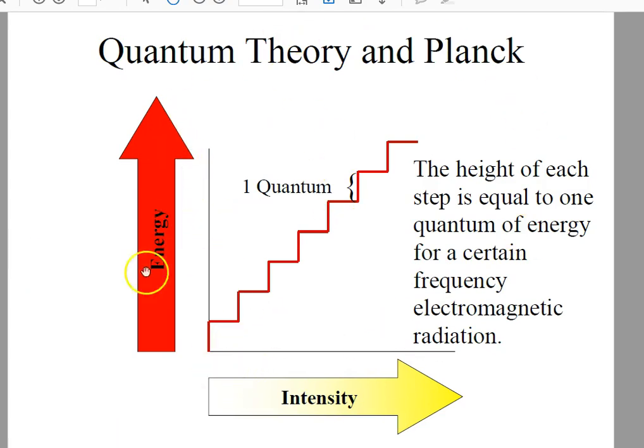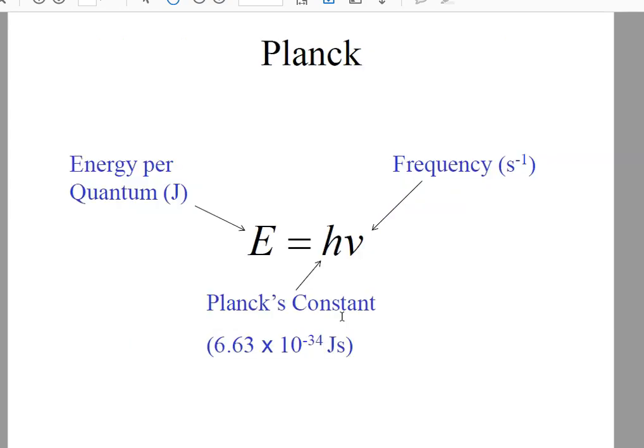So this zooms in to what we really see when we look at energy, that it was released in these quanta, and the height of each step is equal to a certain amount of energy for a frequency of electromagnetic radiation.